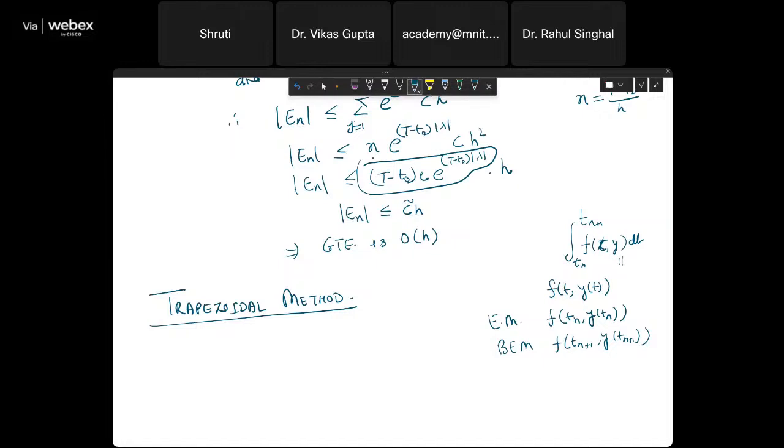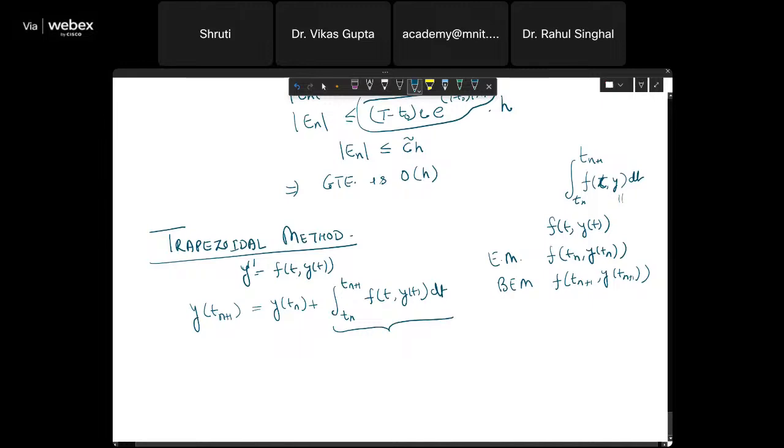Let me first recall that after integrating the given equation of the initial value problem, we obtained the following integral equation: y at Tn plus 1 is equal to y at Tn plus the integral from Tn to Tn plus 1 of f(t, y(t)) dt.